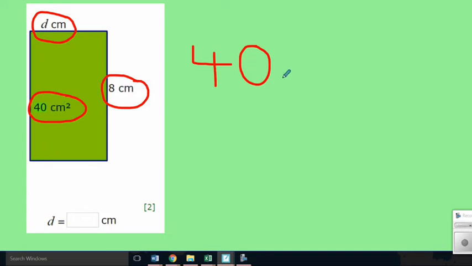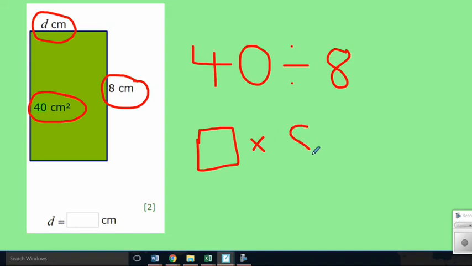And if one of them's 8, we're going to do the inverse. So imagine you've got something times by 8 makes 40. So you need to count in your 8s to see what that would be. Or you could do the inverse and do 40 divided by 8.